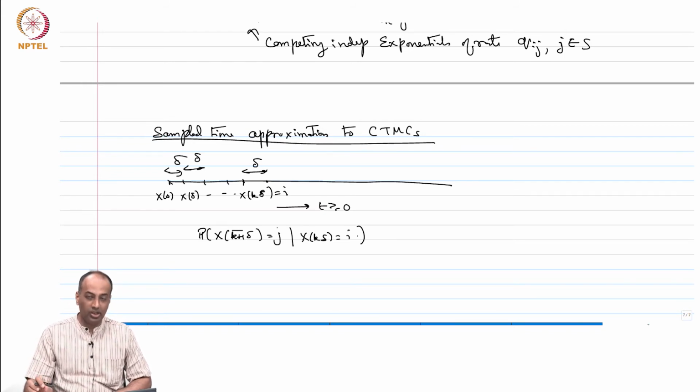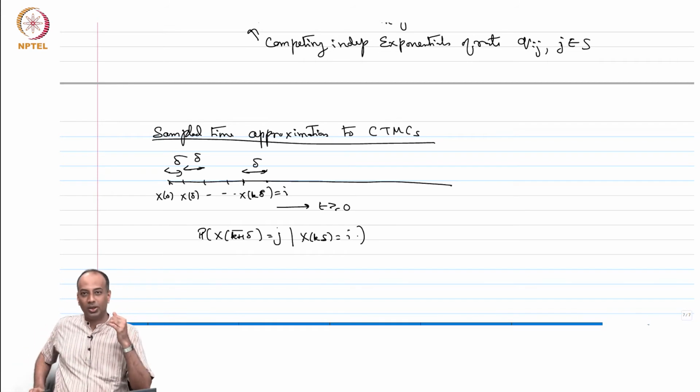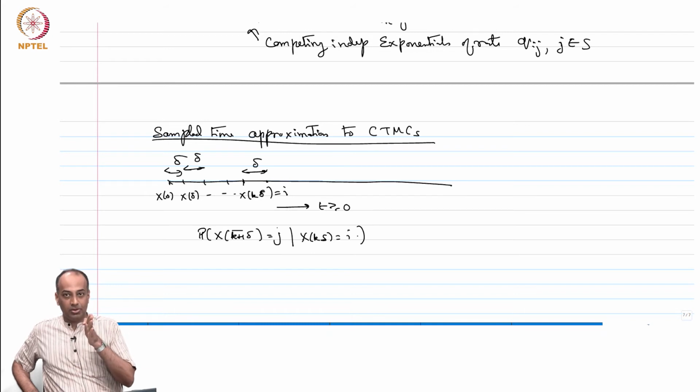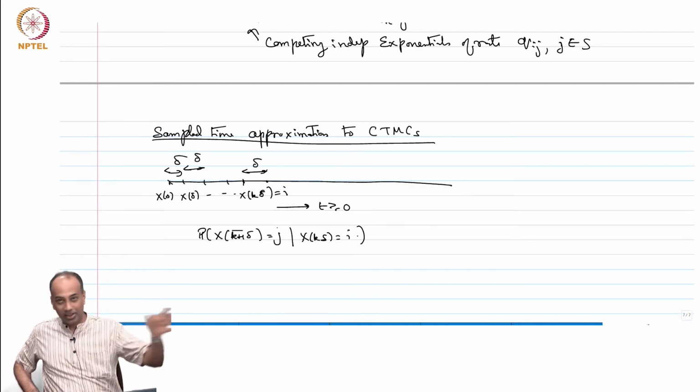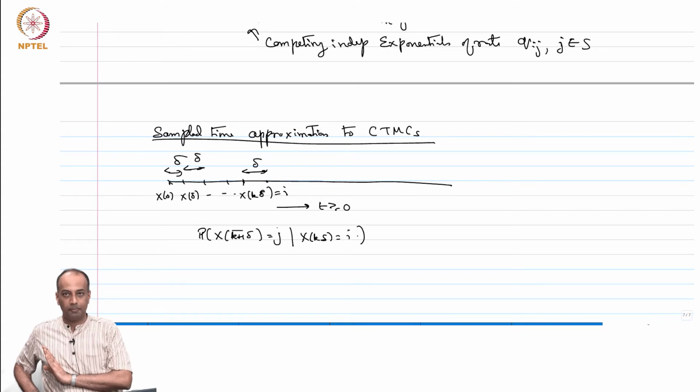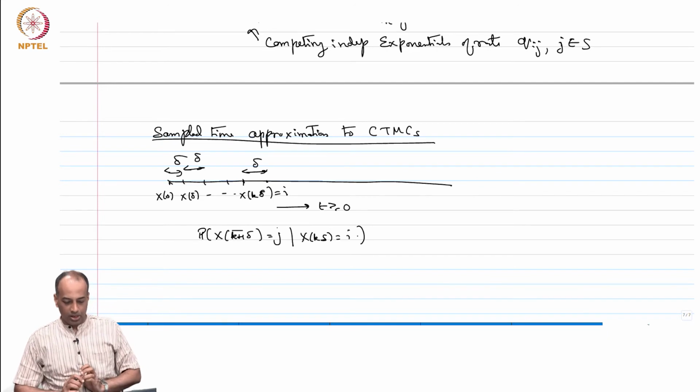Remember, we can look at this competing exponential perspective. You are at X of k delta equal to i, and it does not matter how long you have been in the state i, because the exponential is memoryless. Now you have a bunch of competing exponentials, all these Qij exponentials. You will have X of (k plus 1) delta equal to j if the Qij exponential happens to fire in this little delta interval.